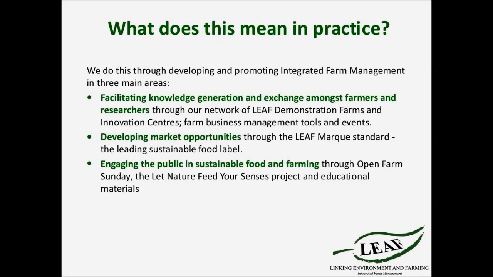And we're not a large organisation, but we cascade information through a delivery mechanism which includes farmers, management tools, the use of a marketing tool, LEAF Mark, and great public engagement. So specifically, that's facilitating knowledge generation and exchange amongst farmers and researchers.